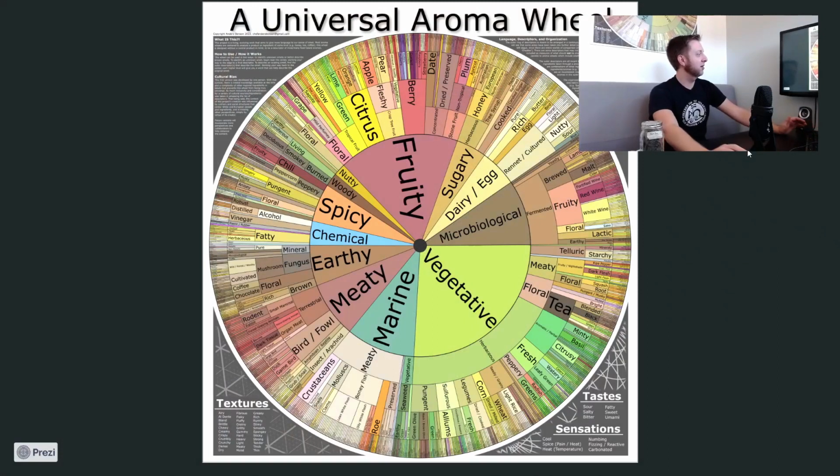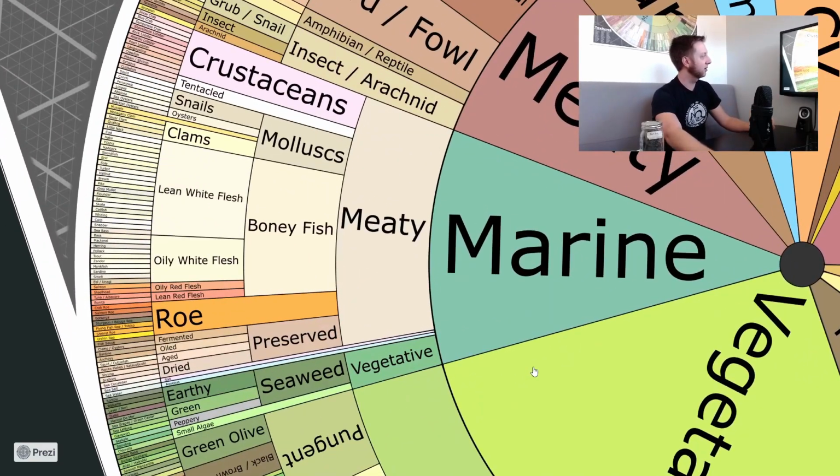Let us have a look at the wheel. So we are looking here at our universal aroma wheel, and we look at marine. It's right over here. It's this category. And when we look at the category itself, we see that it's between the meaty category and the vegetative category. The reasoning for that is because marine is almost a sector of both of these other categories.